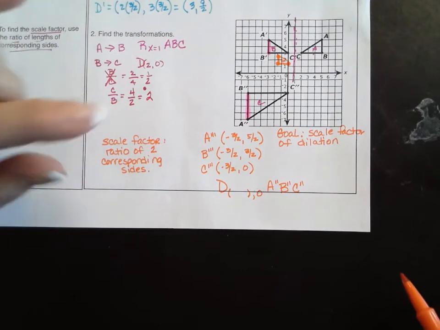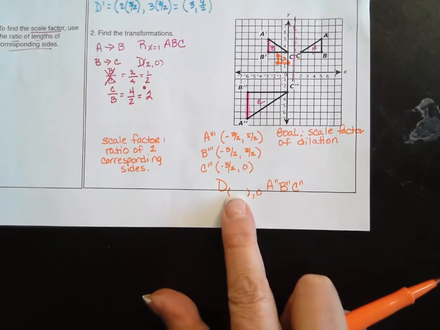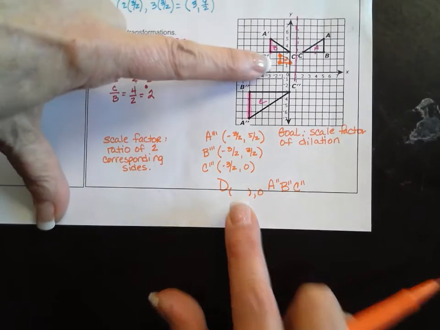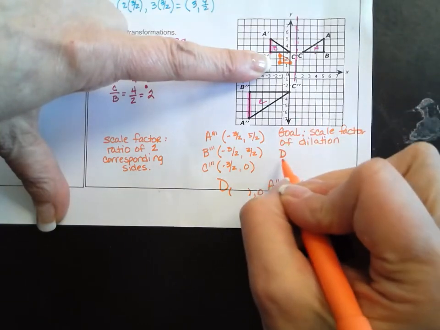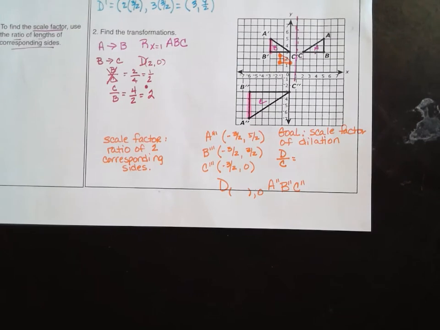Okay, so if it's going to be a reduction, is my scale factor going to be larger or smaller than 1? Smaller, right? A reduction has to be smaller than 1. Okay, and so I'm finding from D to C. Would you agree with that part? Okay.